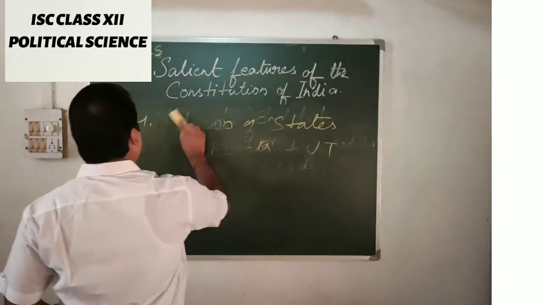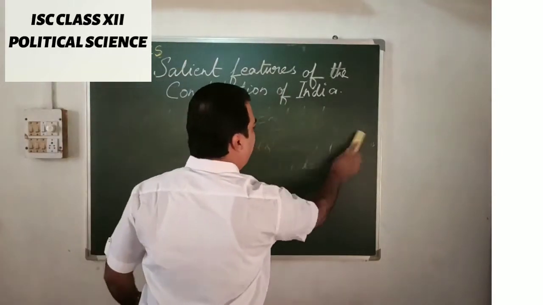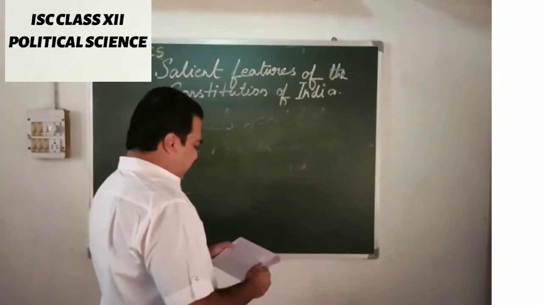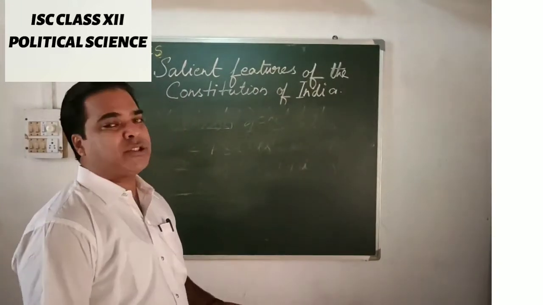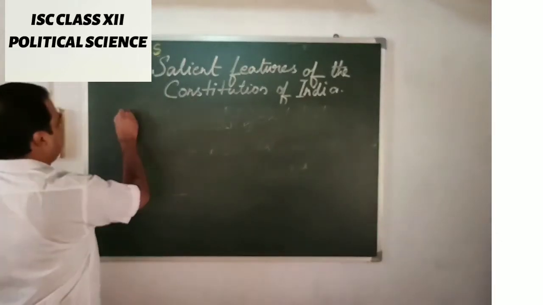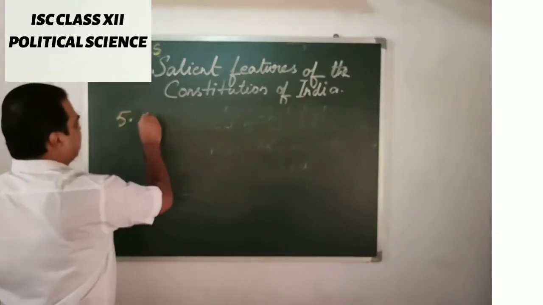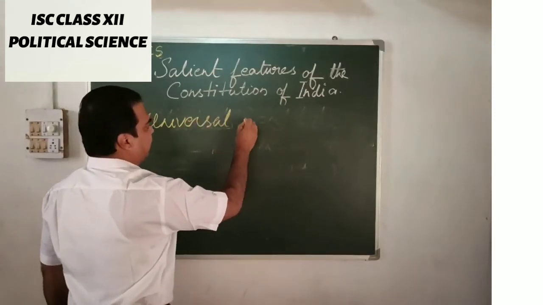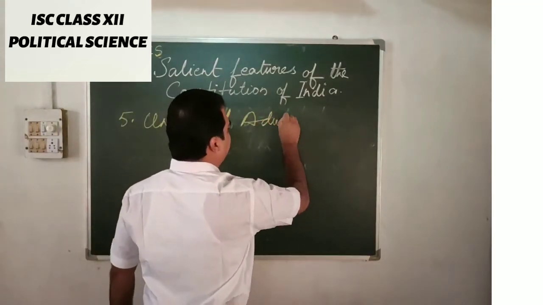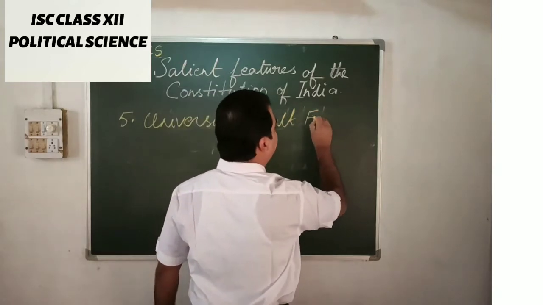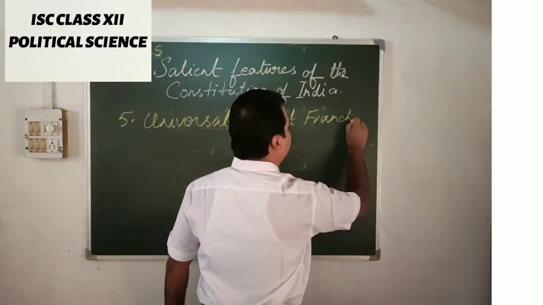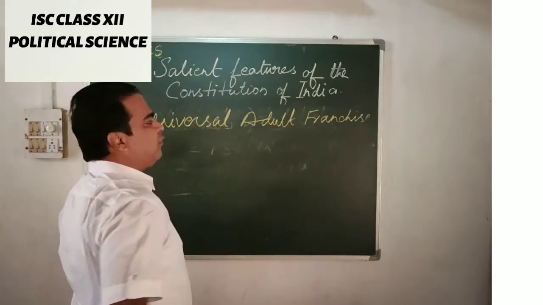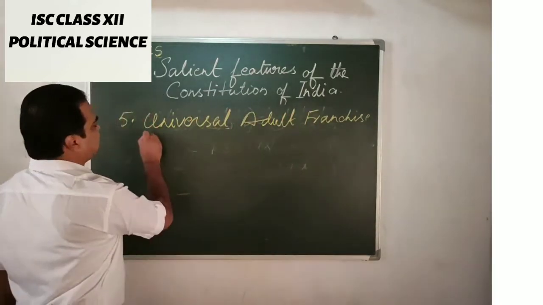Now, number 5 we have is universal adult franchise. What is the meaning of universal? Universal means all over the world.